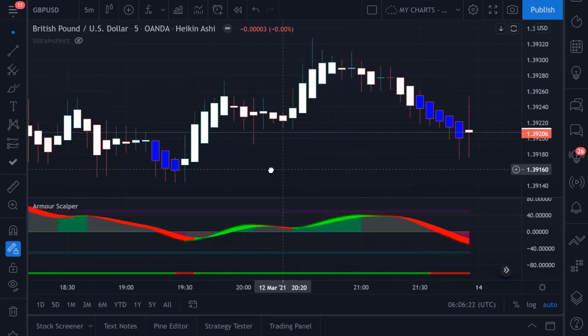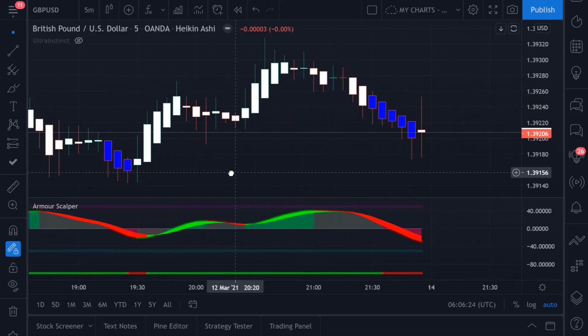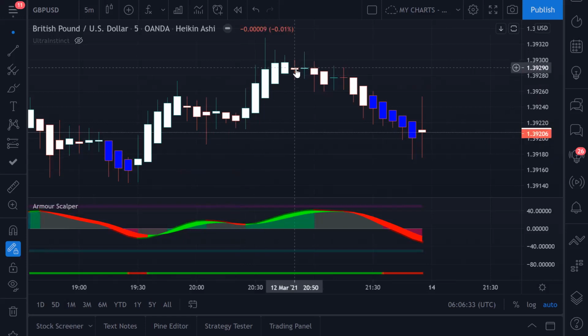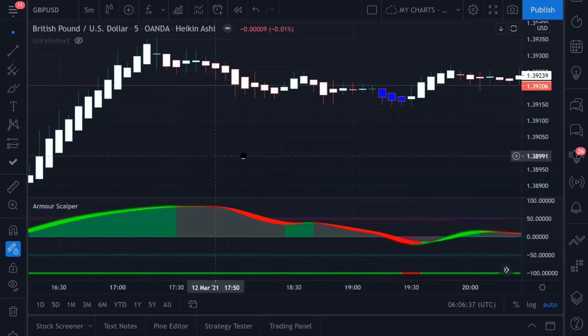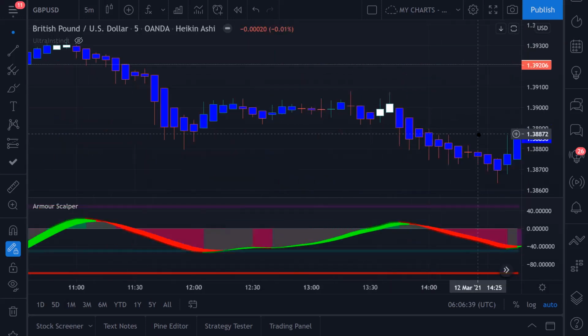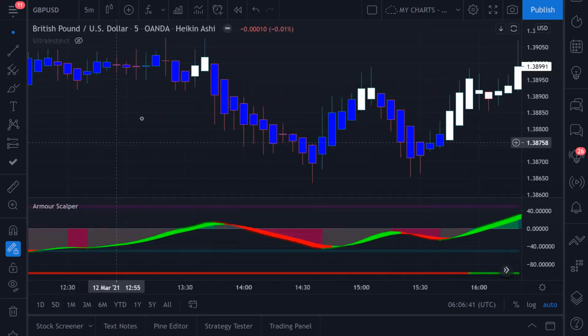So I think that's it for now. There is one more rule. Red and white says exit. And what do you do when you have to short? Red and blue says short.